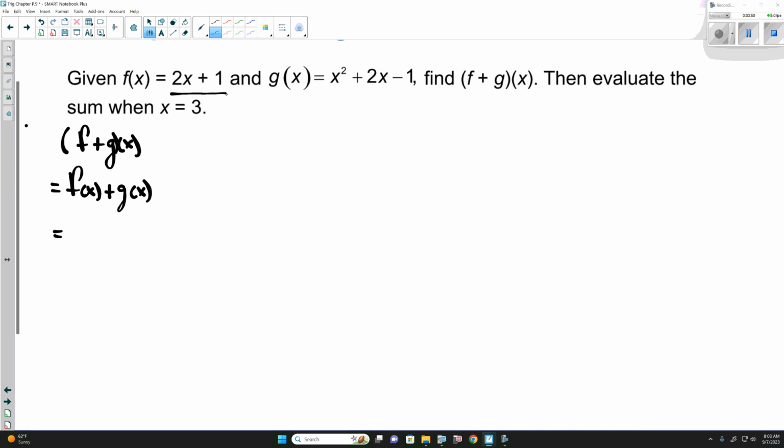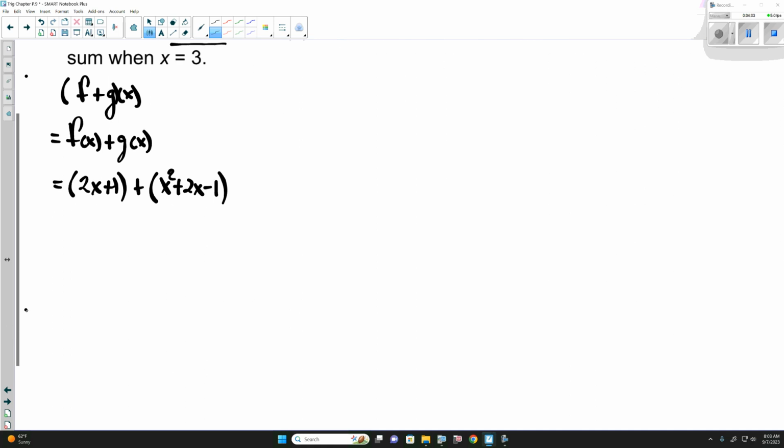f of x is 2x plus 1 plus g of x, which is x squared plus 2x minus 1. Now we can drop the parentheses. So we have 2x plus 1 plus x squared plus 2x minus 1. Because if we distribute that positive, it doesn't change anything. We get this here. And lastly, we combine like terms.